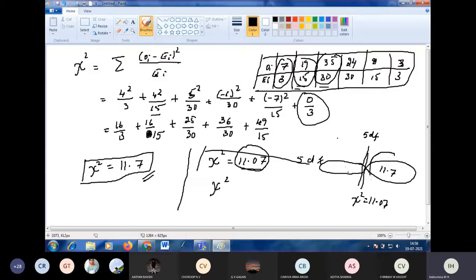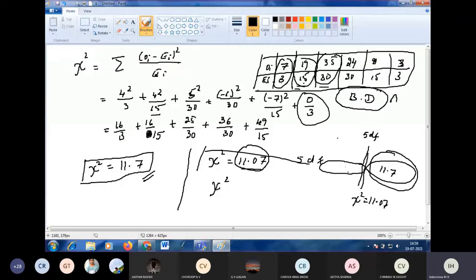Then our assumption is rejected or accepted? Error is more. If error is more, our assumption is rejected. What is our assumption actually? Our assumption is that the expected values in this table we will obtain by binomial distribution.